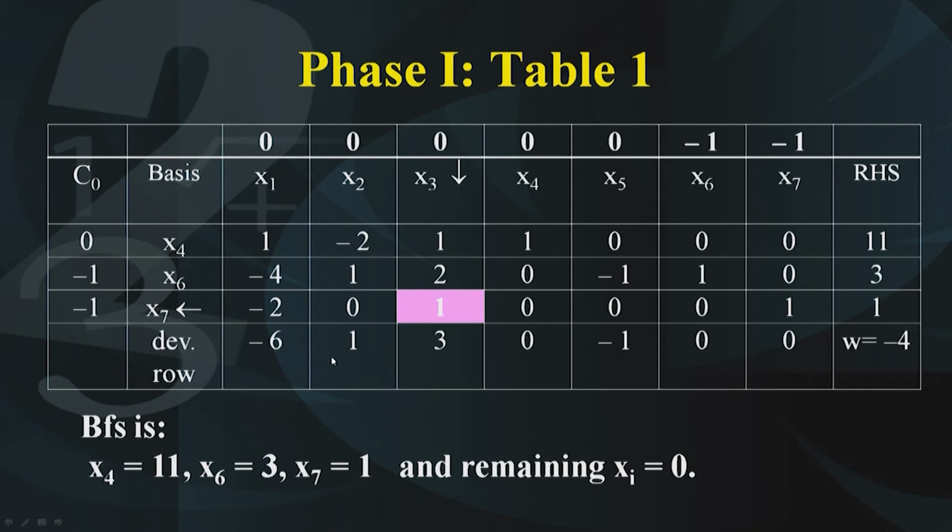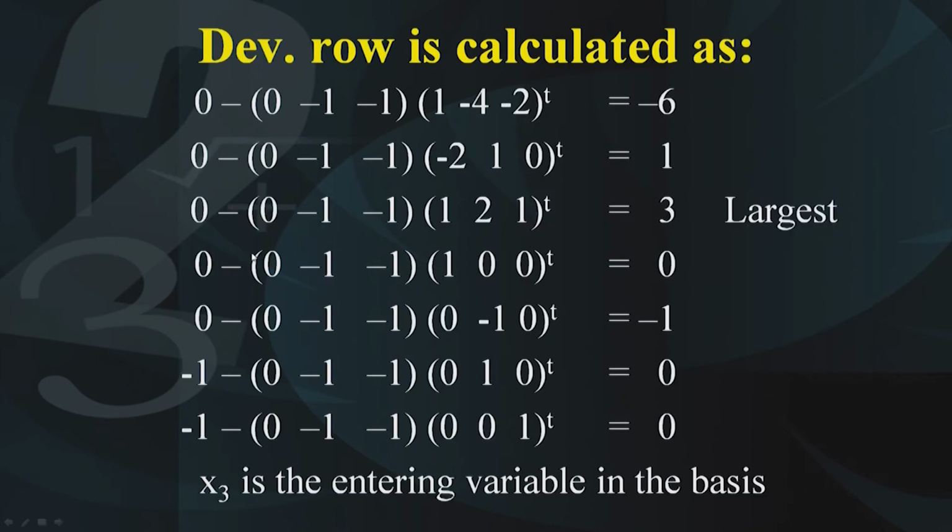Here is this entry 1 and then comes the third entry: 0 minus (0, minus 1, minus 1) multiplied by (1, 2, 1) and this comes out to be 3. The next entry is 0 minus (0, minus 1, minus 1) multiplied by (1, 0, 0) which comes out to be 0.